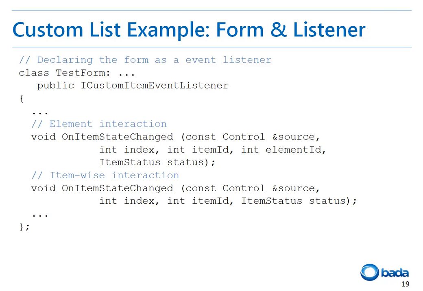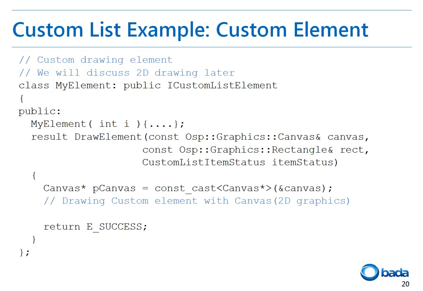The form class is declared as the iCustomItemEventListener, and the two functions of the same name, onItemStateChanged, have been declared. While one receives an element ID, the other handles the interaction for the entire item. So let's take a look at the procedures to create a custom element.